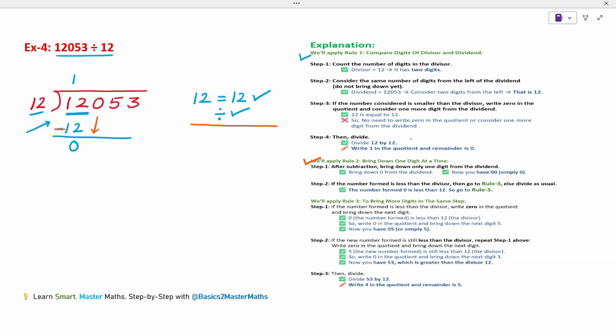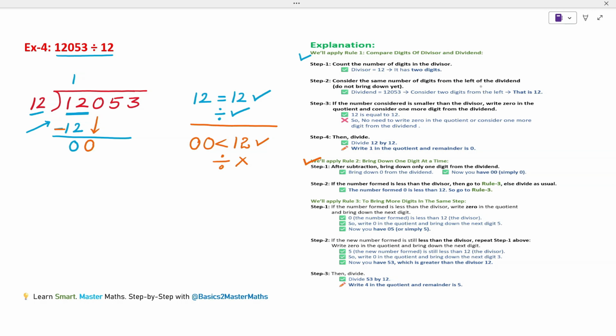So, bring down 0 here. Now, the number formed is 0, which is less than the divisor 12. Hence, you cannot divide. Therefore, please move on to rule 3.